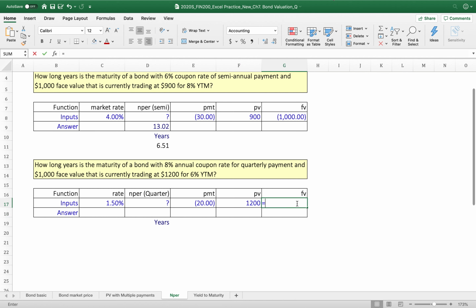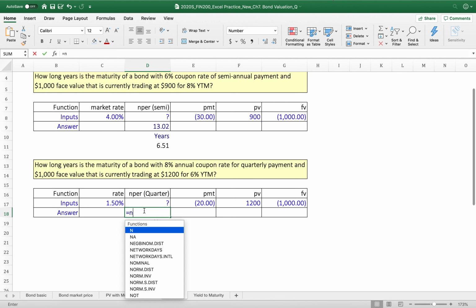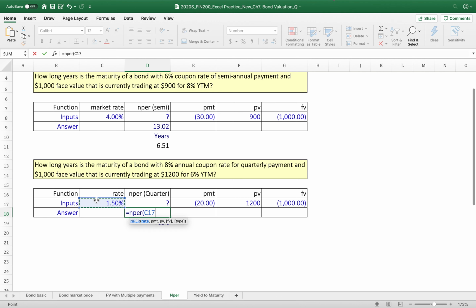And then the future value, the face value or par value, is negative $1,000 because the company should pay back this amount, the par value, at maturity.